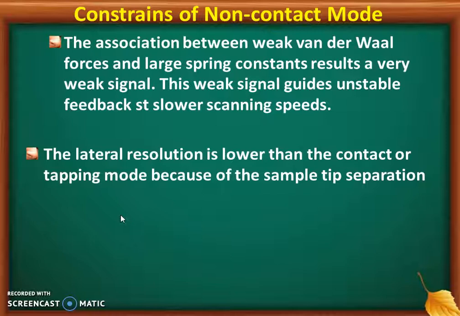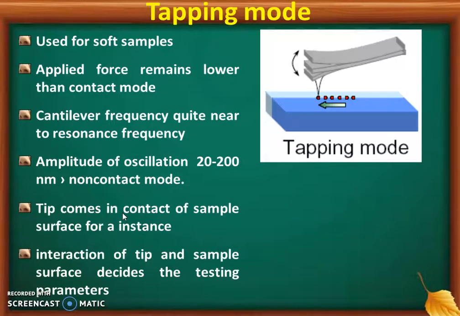Tip doesn't make positive attachment or positive contact with the sample surface. Tapping mode is basically also called intermittent mode. This is used for soft samples. The applied force remains lower than the force applied in the case of contact mode. Cantilever frequency is quite near the resonance frequency.